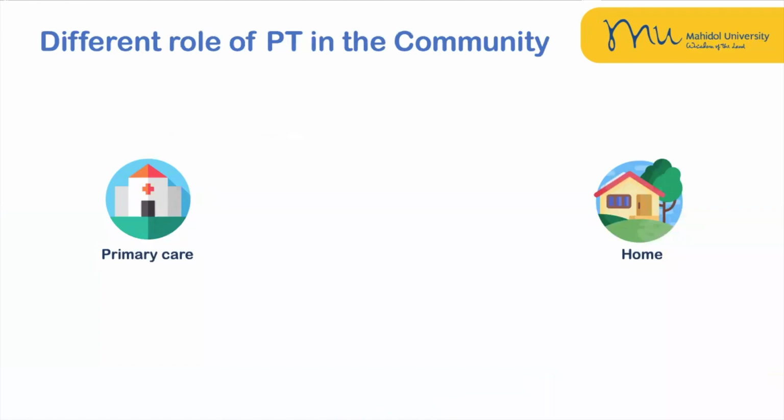Then, what is the different role of PT in the community? As a role of PT in community, firstly, we have to prepare our patient to live in their home well.